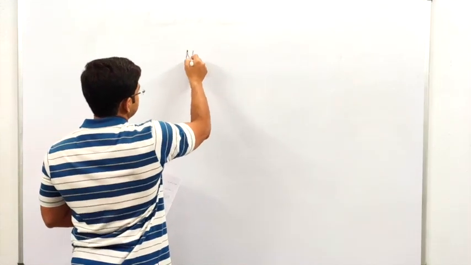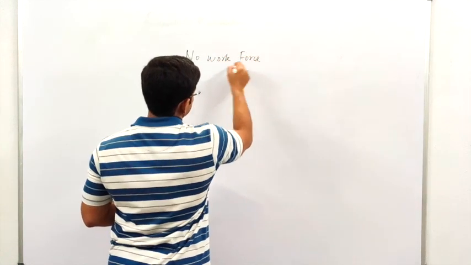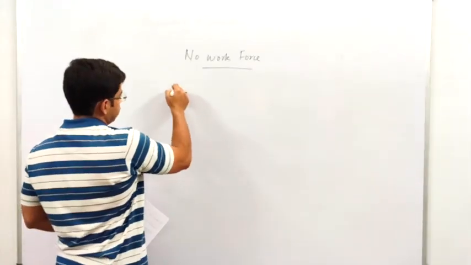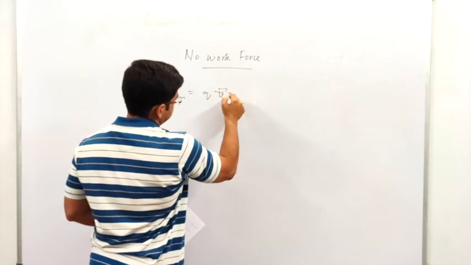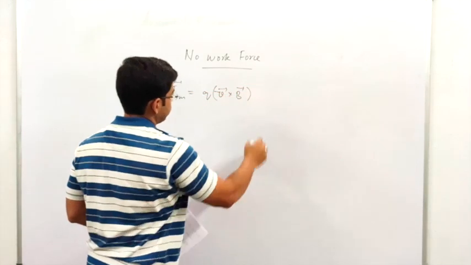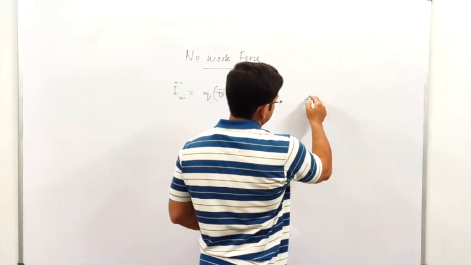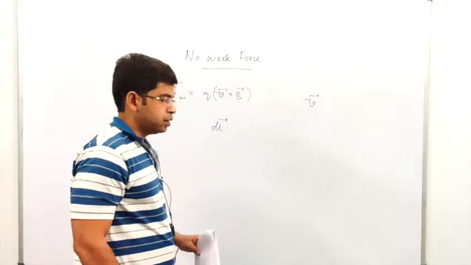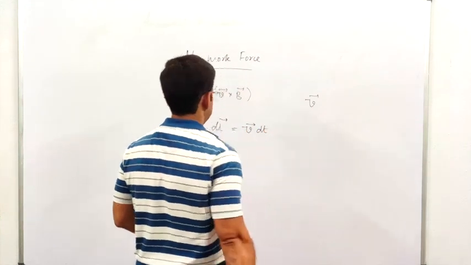Okay. Now see, magnetic force is called a no-work force. Let us see why. We have the magnetic force as q v cross B. Now say the charged particle moving with velocity v has traversed the distance, say, dl in time dt. So dl may be written as v dt.